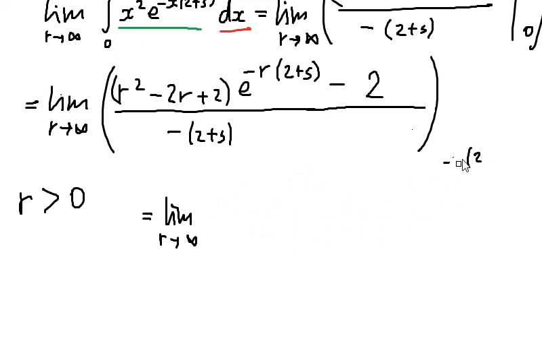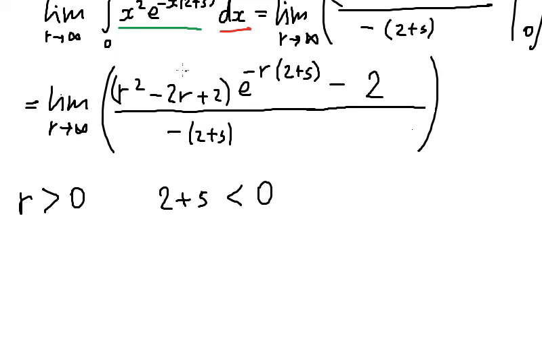It is quite evident that in the case when 2 plus s is a negative number, we'll have a negative number here, and then it's multiplied by minus 1, and so altogether this will be a positive power of e. As r becomes bigger and bigger, remember it's the limit as r goes to infinity, this is going to become bigger and bigger, and eventually the limit of this will be infinity. The denominator doesn't change, it stays fixed because s does not depend on r.